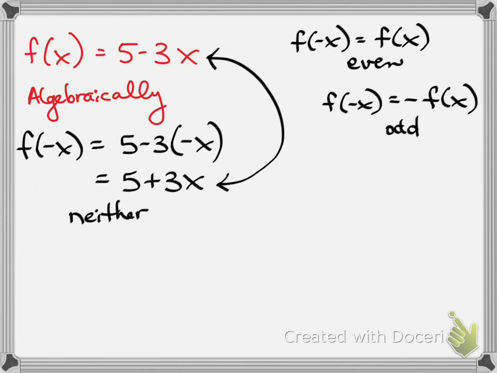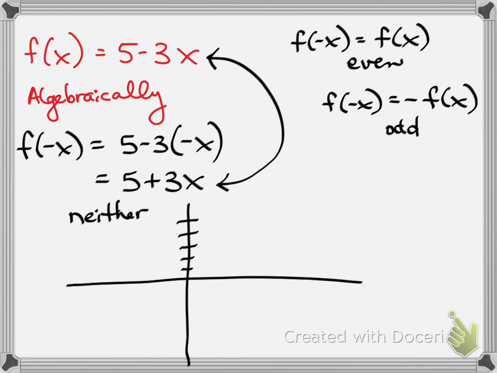Graphically, I'm not going to pull it up on my calculator. I'm going to plot it like we talked about today. Plot your y-intercept. Down 3, right 1. Down 3, right 1. We're looking at that line. That line is not going to have symmetry with the y. If you flipped it over, it would look like this.